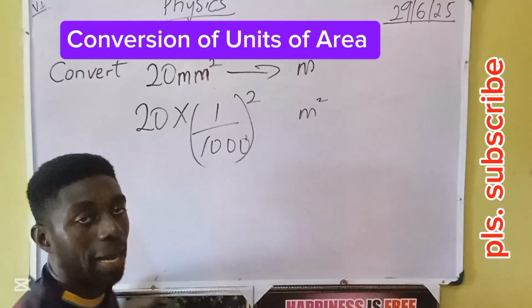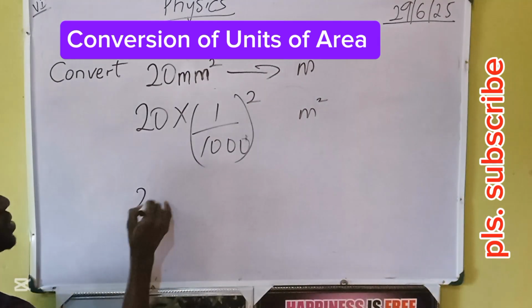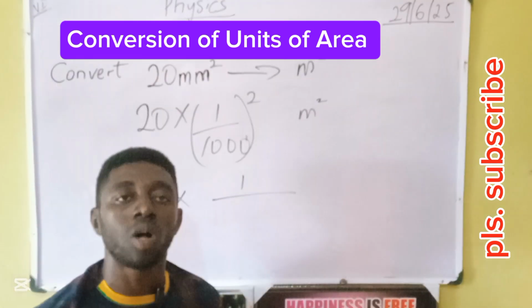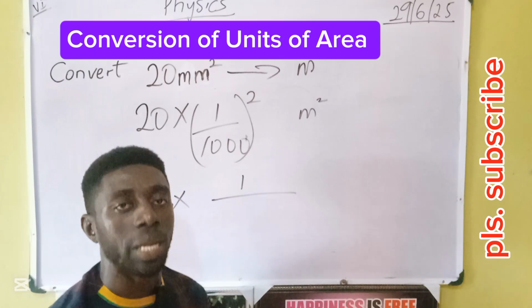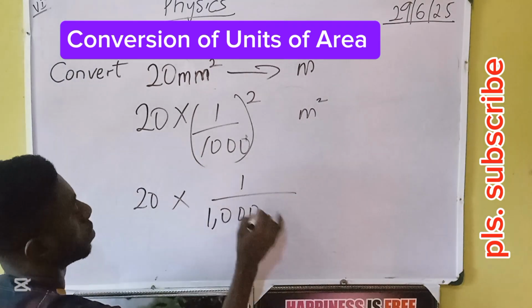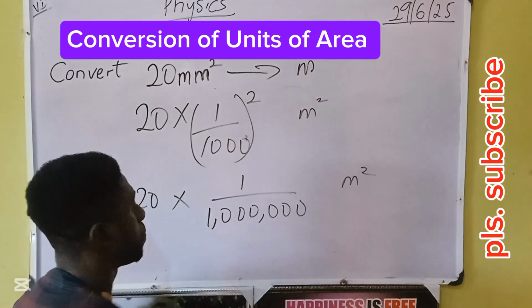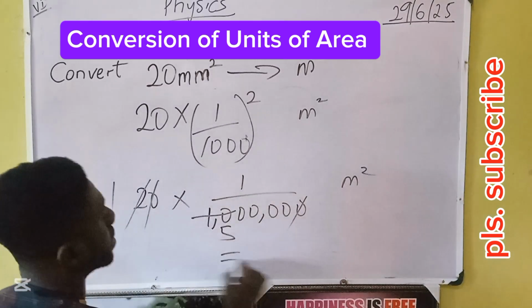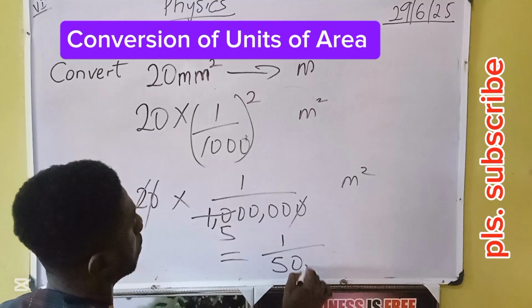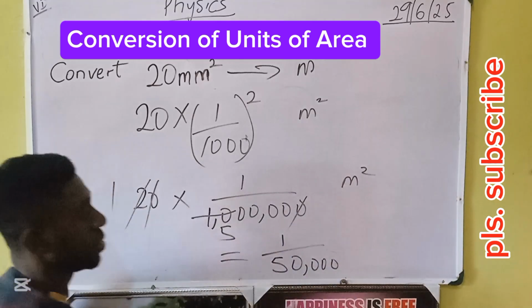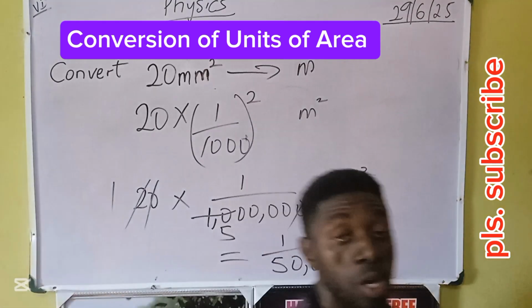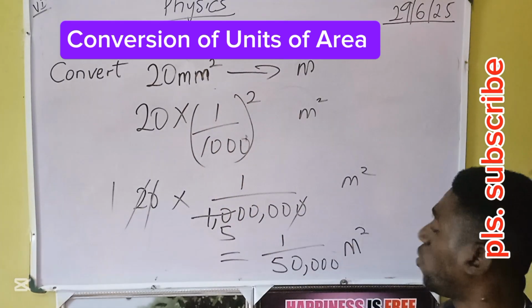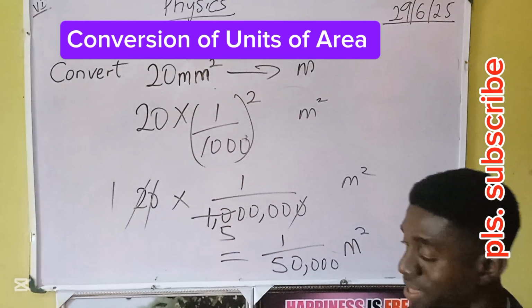Then drop that of meter. 20 times 1 times 1, over 1000 times 1000. 1000 squared is 1 million. Drop the meter square. 0 cancels 0. 2 into itself is 1. 2 into 10 is 5. The answer becomes 1/50,000 meter square. You can now see that 20 millimeter square is the same as 1/50,000 meter square.